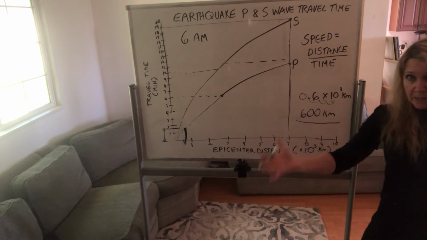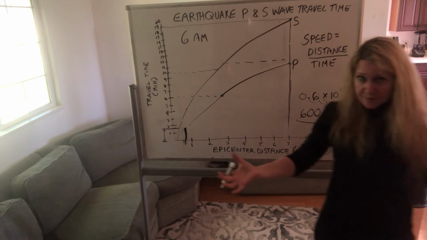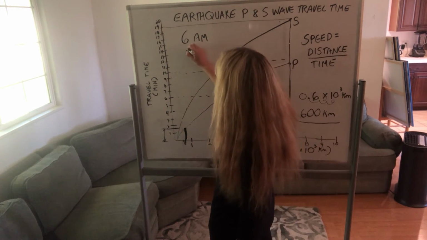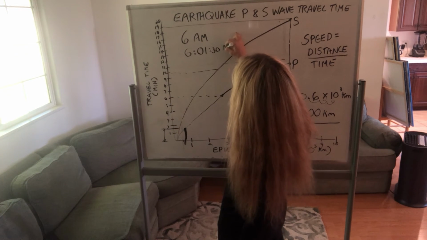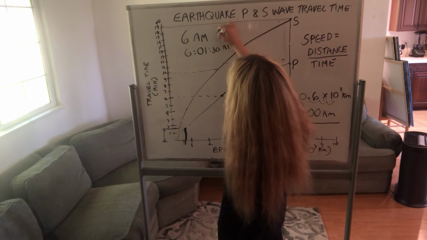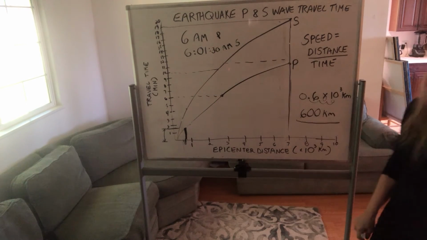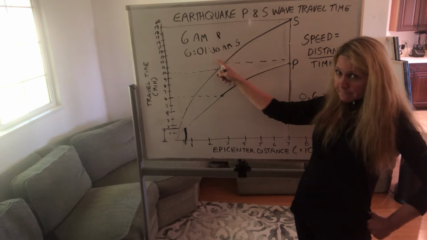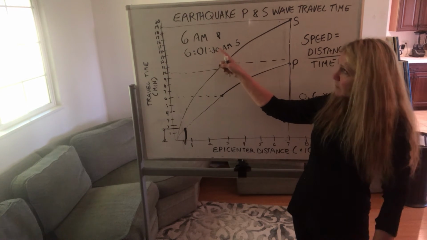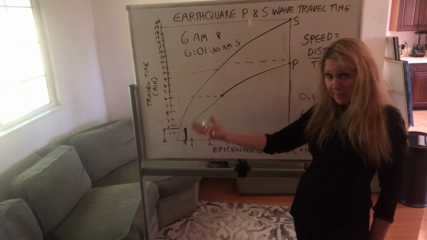If the lag time is 1.5 minutes, then the S waves arrive. So P waves and then S waves. Because the lag time is 1.5 minutes. Okay. But I want to figure out, when did the earthquake actually happen?